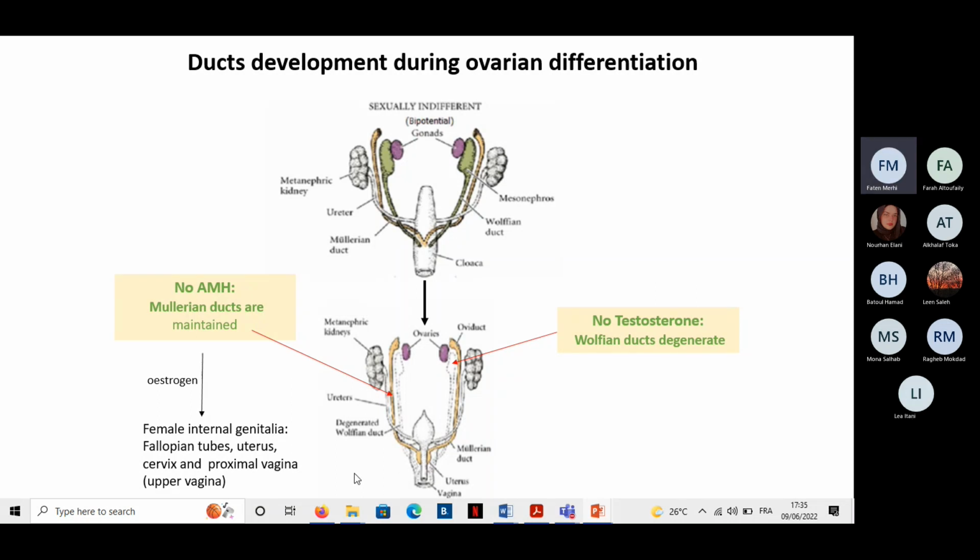Okay. So those genital organs originate from the Mullerian ducts, which are maintained in the female due to the absence of the AMH, because we don't have Sertoli cells, we don't have AMH, and then the Mullerian ducts are maintained in the females.